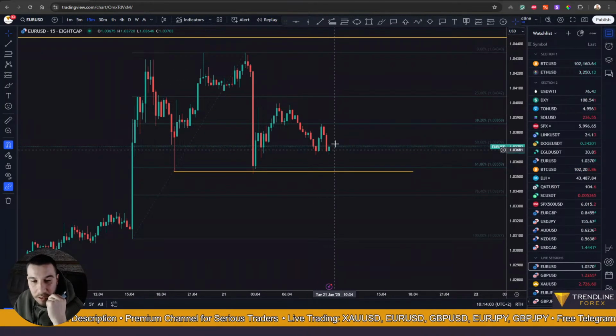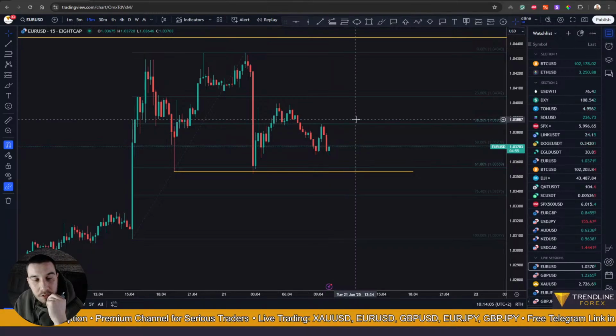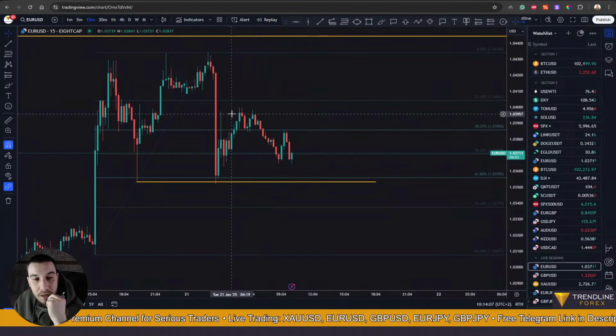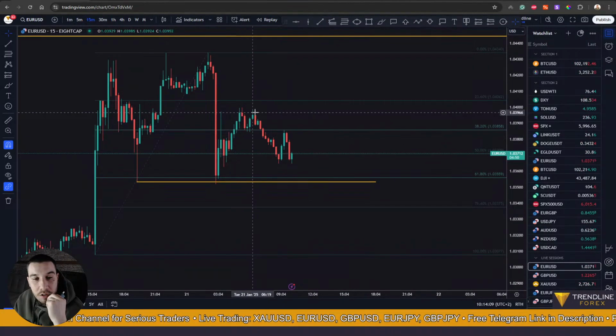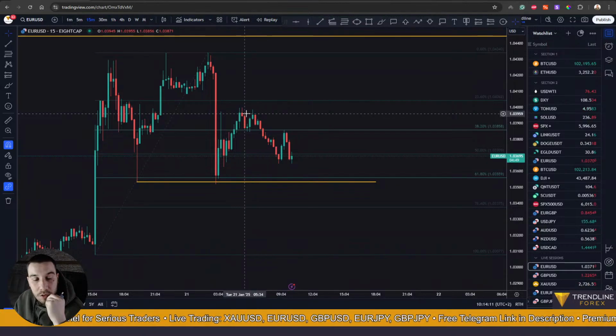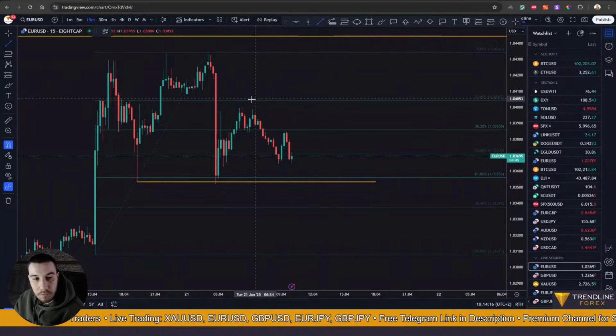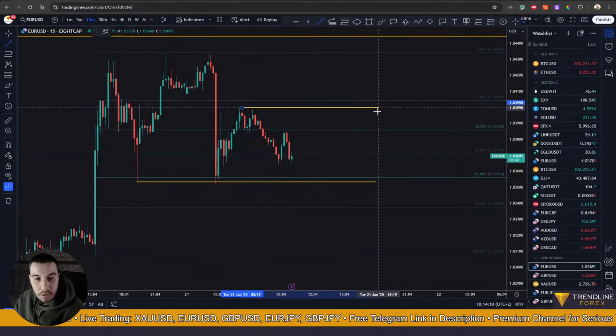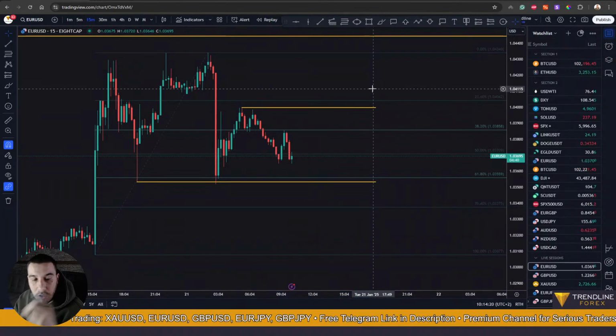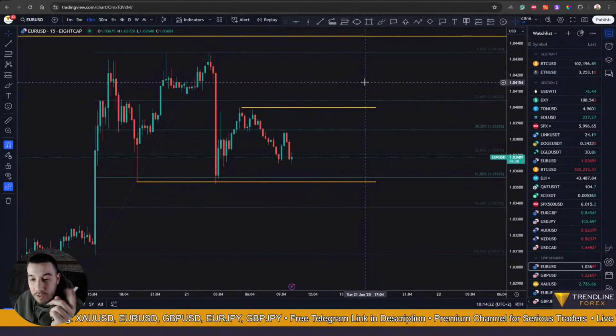But I wouldn't be taking any trades right here. I want to see price at least breaking above some previous structure. So let's say this one, this previous high. And that will still be a risky setup, by the way.